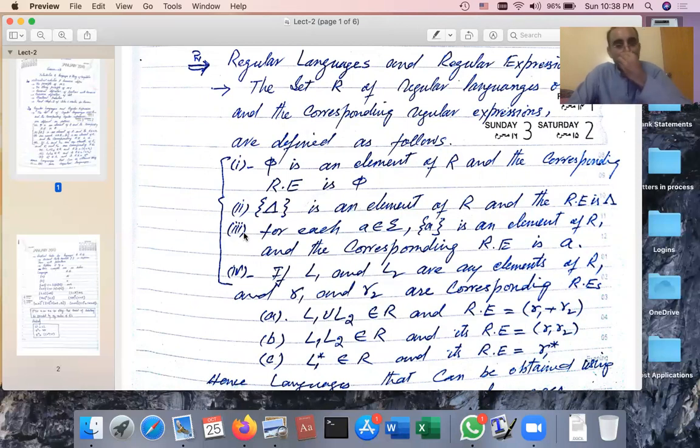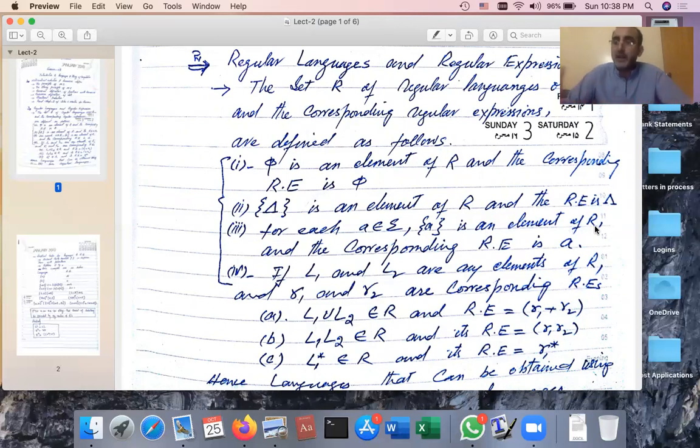Number 3, if we have some alphabet A belonging to the alphabet set, and we can write that element within curly braces, and if this is an element of R, then in place of this A, you can assume that you are representing an alphabet.